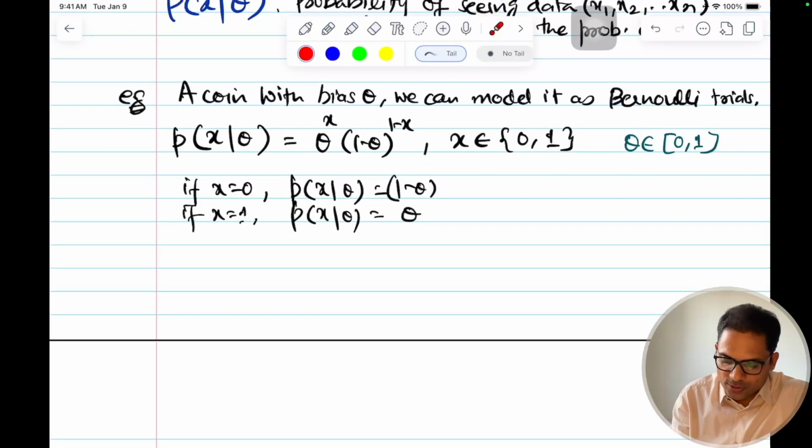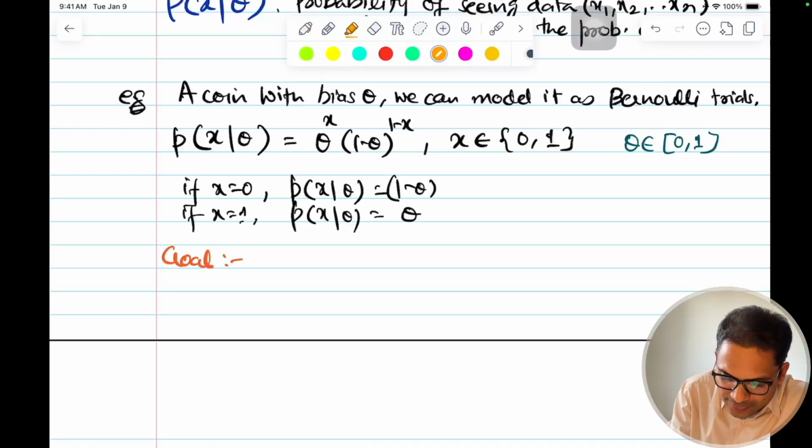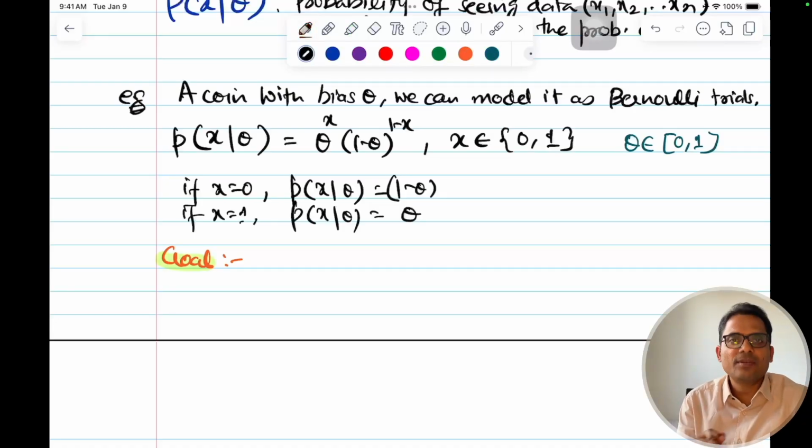So let me write what is the goal of estimation. What is the goal here? Because this is estimation, everything is estimation. We won't get an exact fit because remember the data will always have some noise. So we'll estimate the best fit.